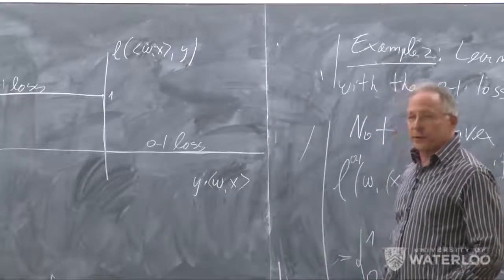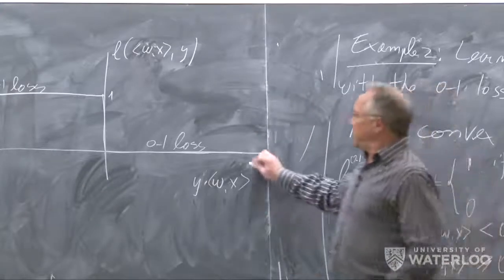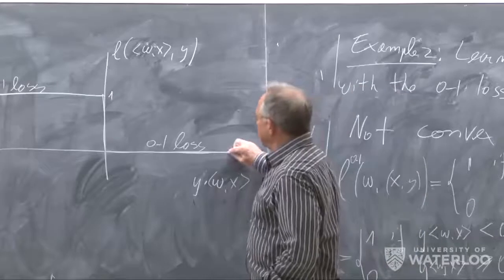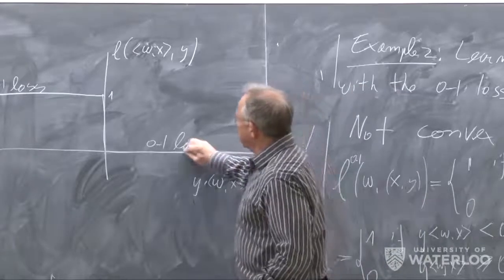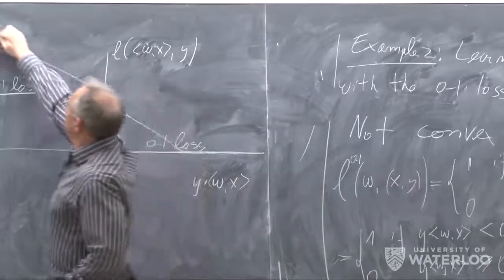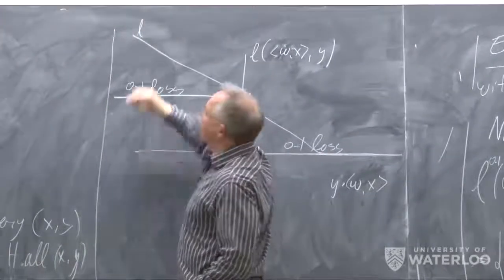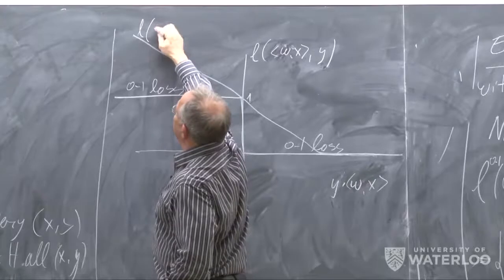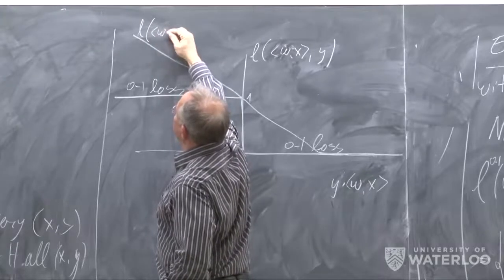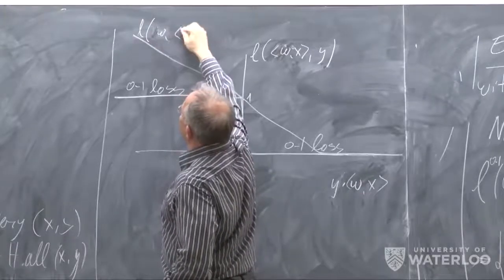And a convex loss function will generally look like something like this, which is going to be my new function, the L of W on the point xy.